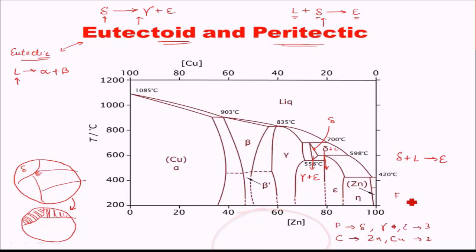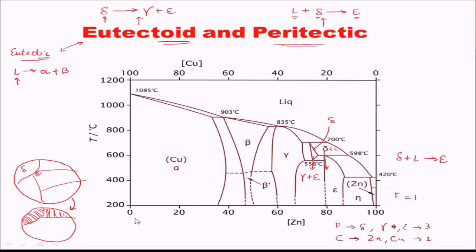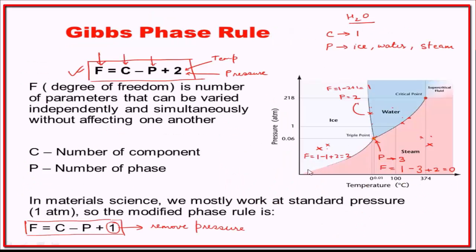Therefore degree of freedom is C minus P plus 1, because pressure is constant. This gives C is 2 minus 3 plus 1 is equal to 0. So we see again here using the Gibbs rule that at this invariant point also we have degree of freedom 0, which it should have because it is a singular point like the triple point of water.